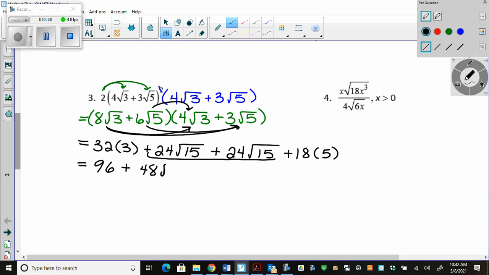The root 15 doesn't go away because we need common radicands to add, right? It's only when you multiply. And then 18 times 5, 90. So we get 186 plus 48 root 15. Can I reduce the root 15? Nope. So what do? Box it, and I am done.